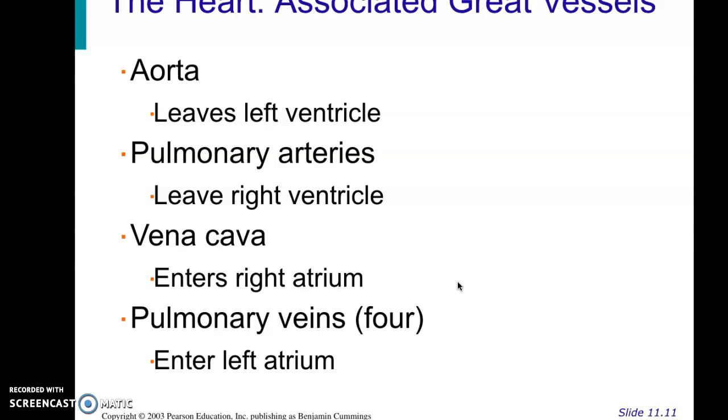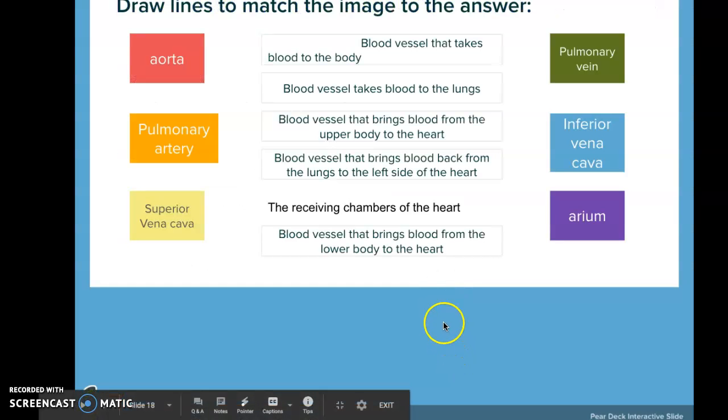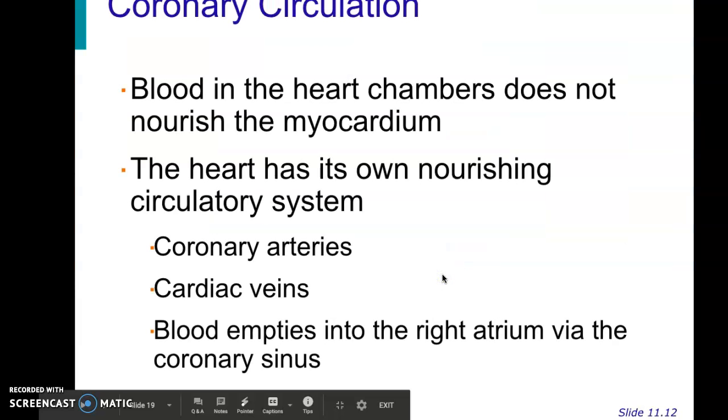And the pulmonary vein is the other exception, where the blood is coming back from the lungs. Although it's a vein, it is oxygenated. So for the most part, arteries are oxygenated and veins are deoxygenated, except for those two cases in the actual heart. So you are going to do a matching on the arteries.